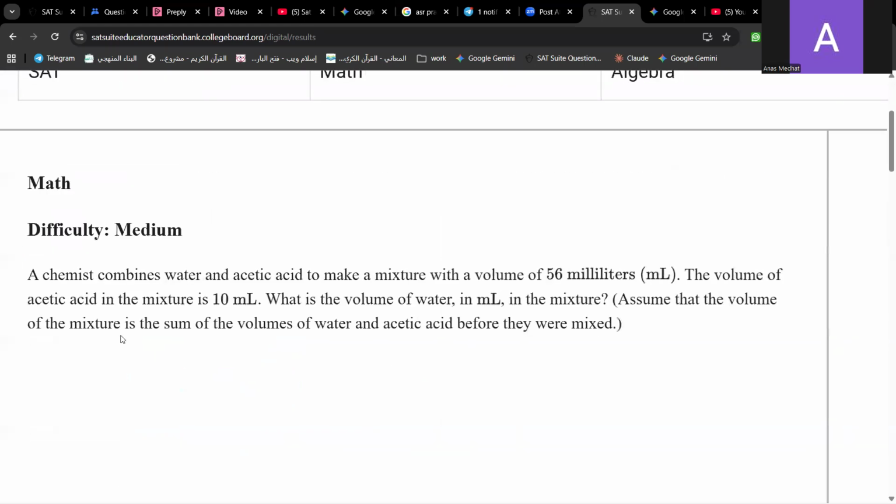A chemist combines water and acetic acid to make a mixture of volume 56 milliliters. The volume of acetic acid in the mixture is 10 milliliters.